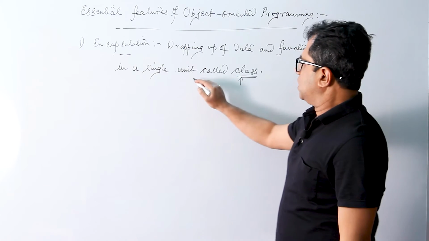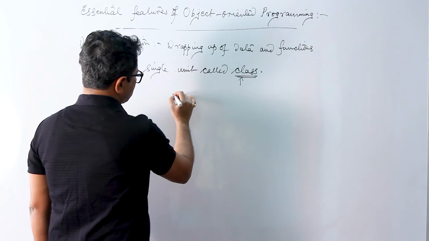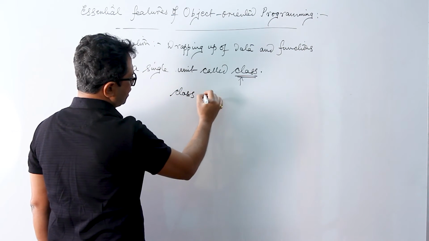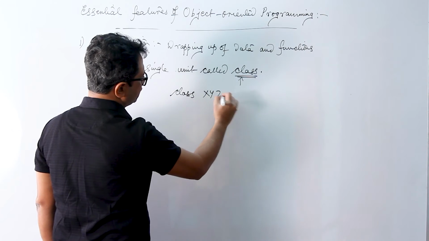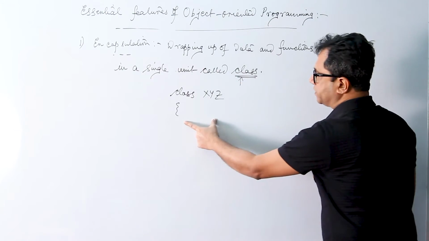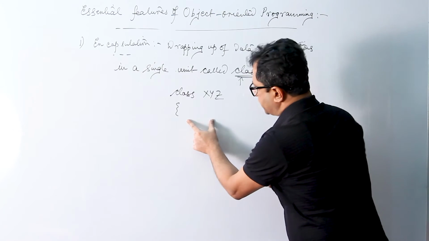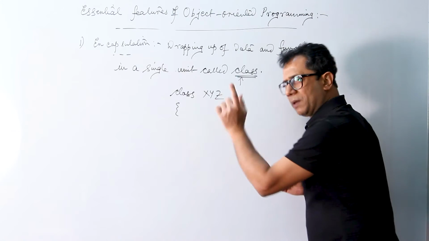So suppose a class definition can be like this: class XYZ, and it will contain some data and some functions to operate on those data. It will contain some data variables which are called member variables.